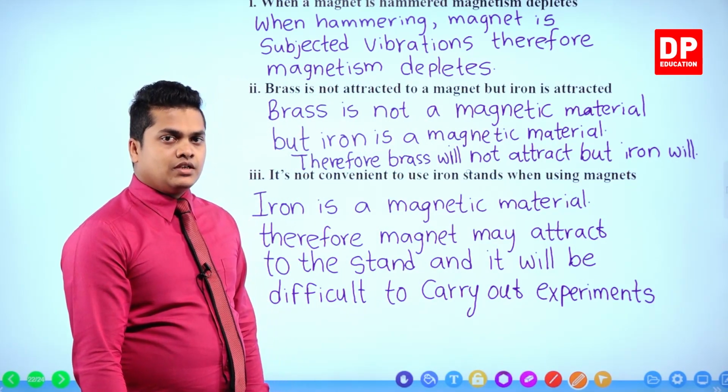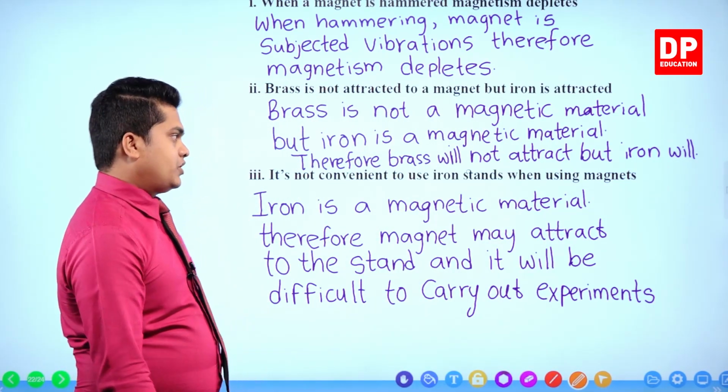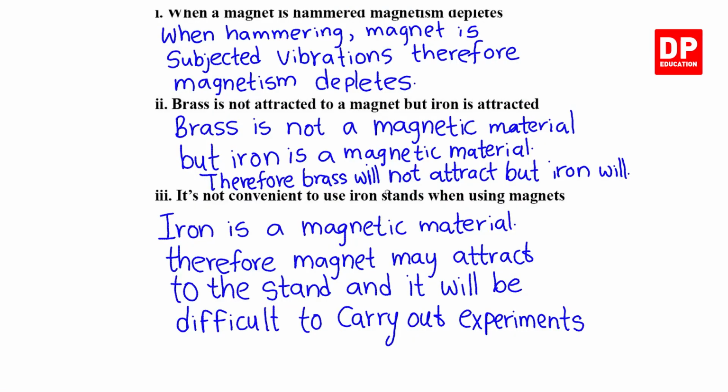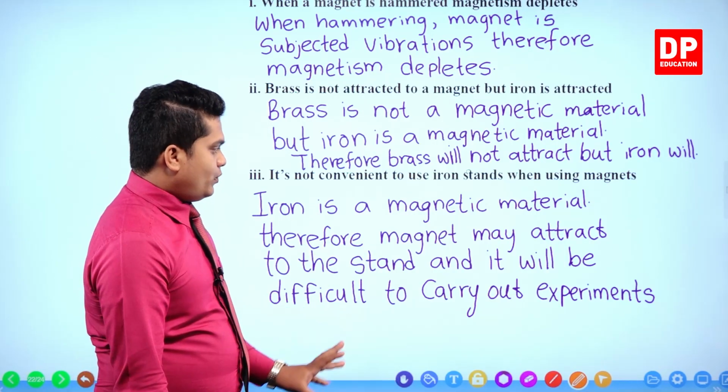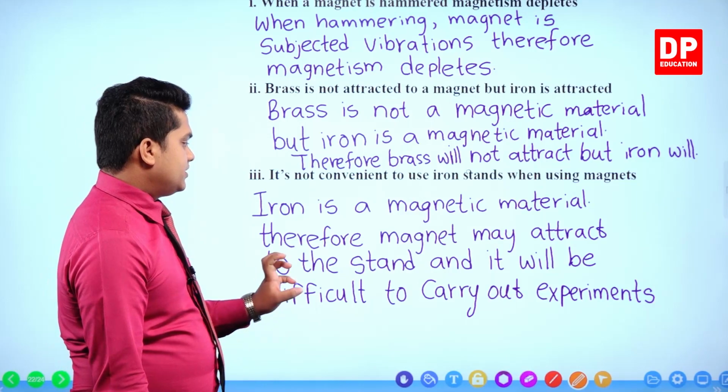So this is our answer for the question. Because iron is a magnetic material, therefore magnet may attract to the stand and it will be difficult to carry out the experiments, right?